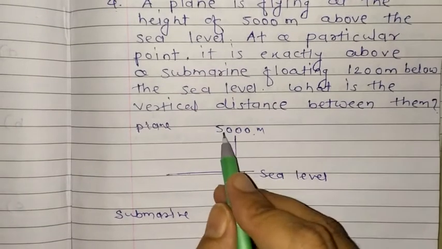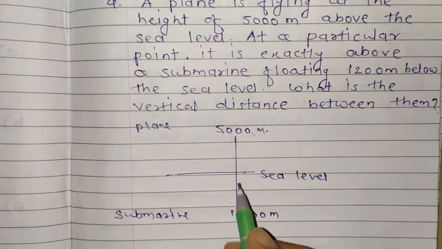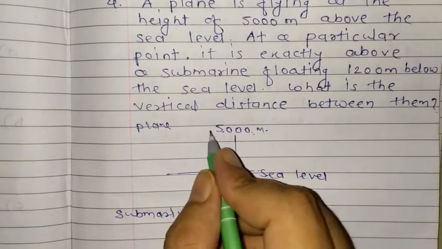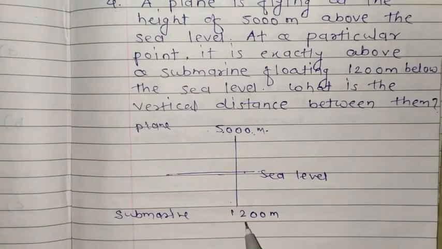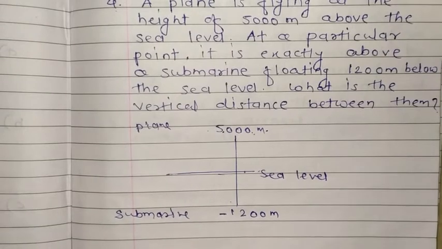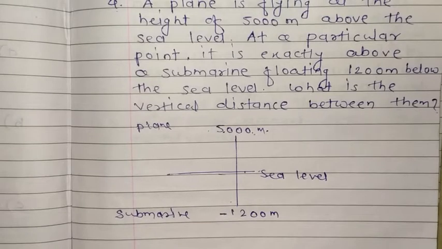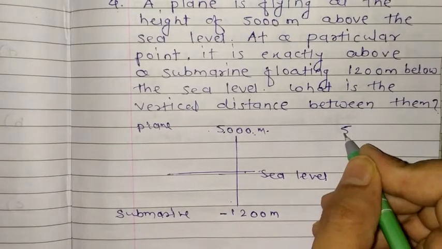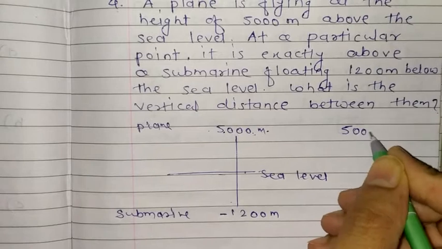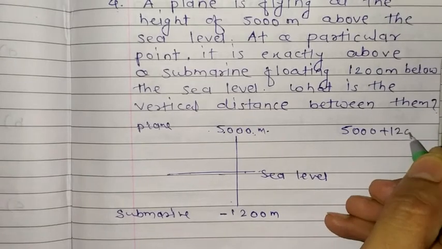So this 5000 meter, it is above the sea level, so that's why it is positive. And here the submarine floating below the sea level, so you use negative sign. It is just like number line. So many students, when they will solve, they will directly do 5000 plus 1200 meter.